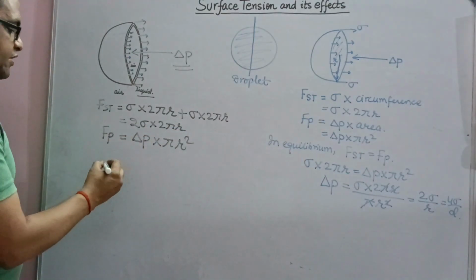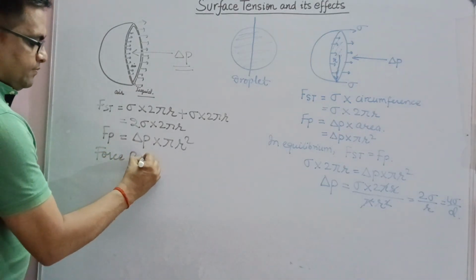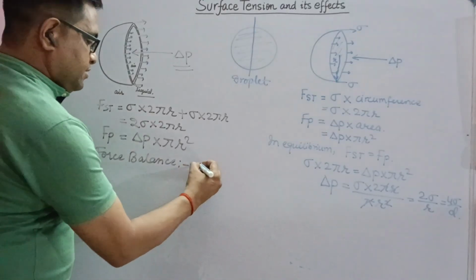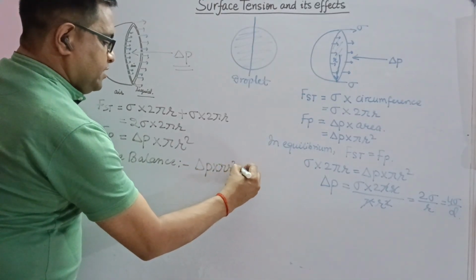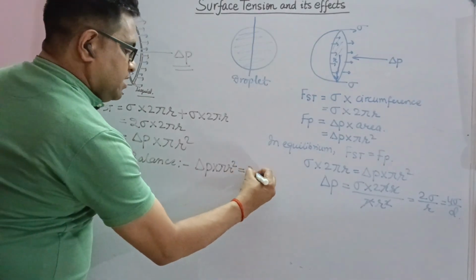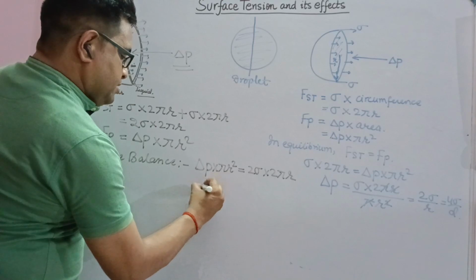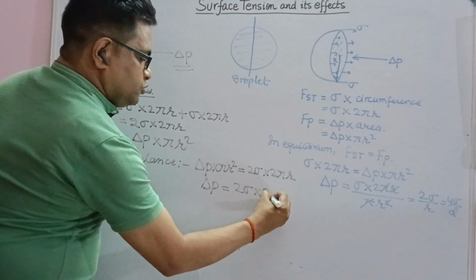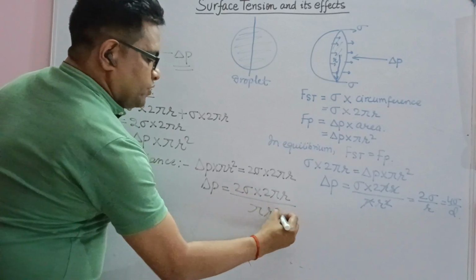So again, in equilibrium, if we do a force balance, we get del P into pi r square equal to 2 sigma into 2 pi r, or del P equal to 2 sigma into 2 pi r upon pi r square.